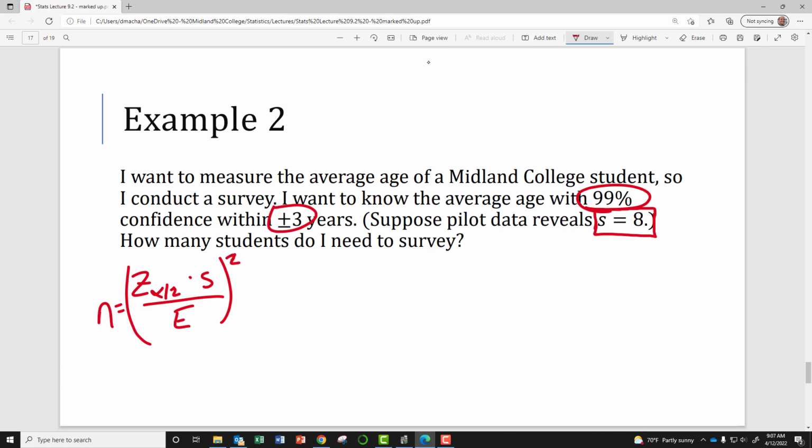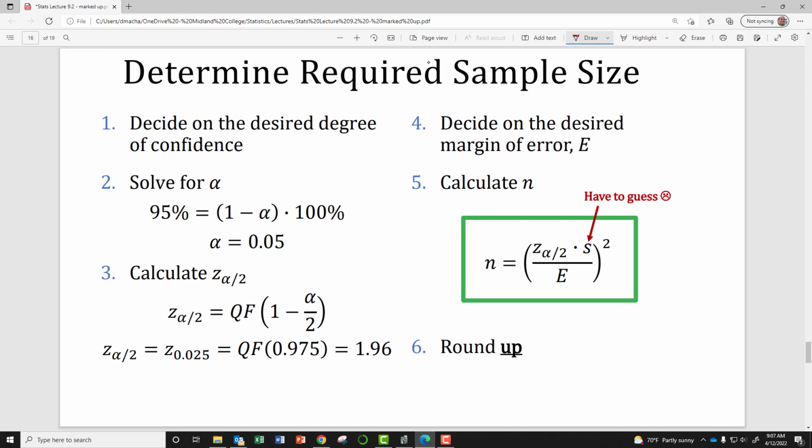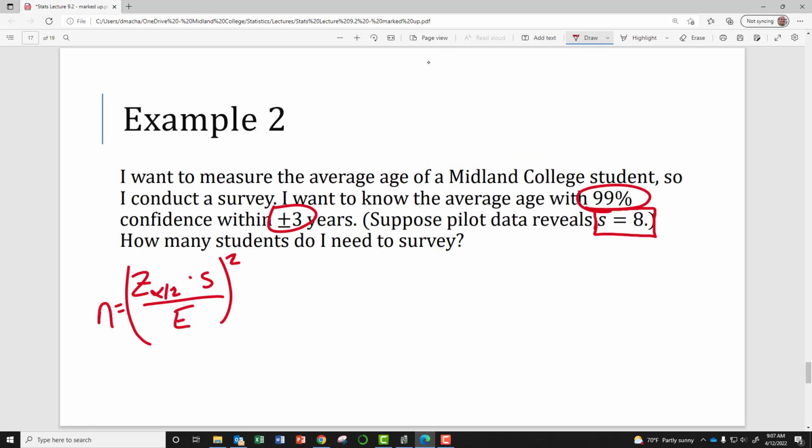Now, to calculate z subscript alpha over 2, I need to know, well, what is alpha? And so I'm going to solve for alpha by setting 99% equal to 1 minus alpha times 100%. And if I divide both sides by 100%, that gives me 0.99 equals 1 minus alpha.